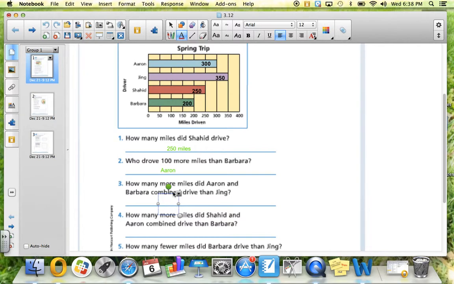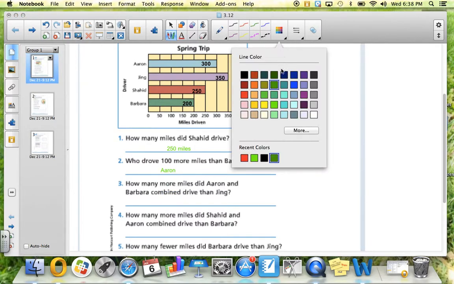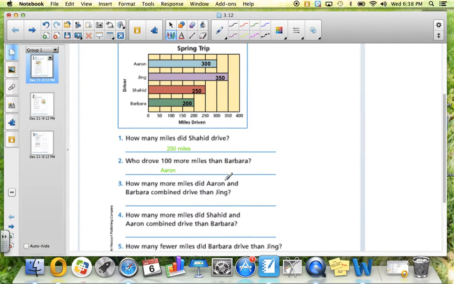How many more miles did Aaron and Barbara combined drive than Jing? So we need to find Aaron and Barbara combined. Let me get my little pen for this. Aaron and Barbara combined. Aaron had 300 and Barbara had 200.